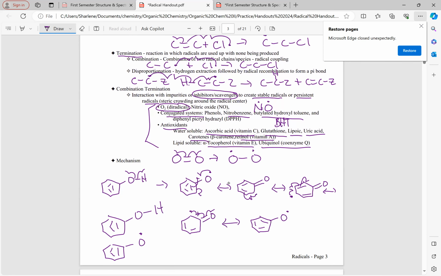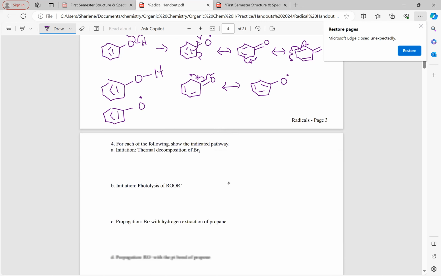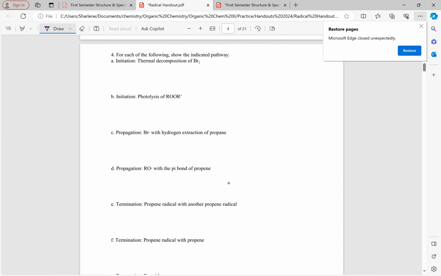If you want to know how much energy it takes, we of course would go to the numbers. And then I have some wonderful questions for you. For each of the following, show the indicated pathway. So for initiation, I want the thermal decomposition of diatomic bromine. What I'm asking you to do is this. Thermal decomposition, it can make two Br radicals.